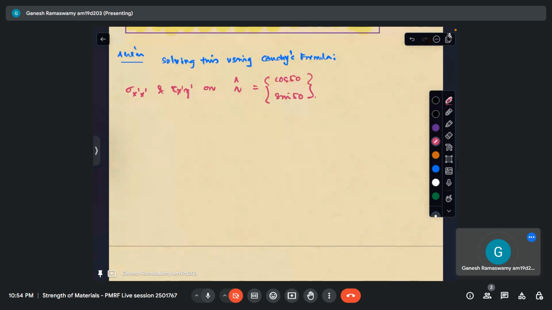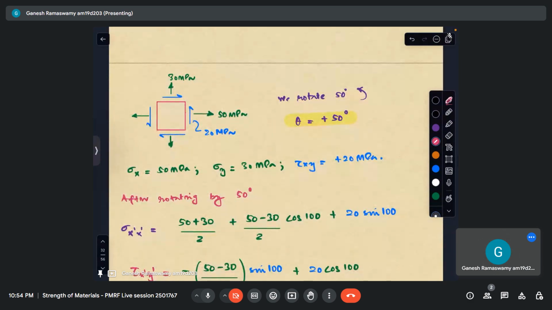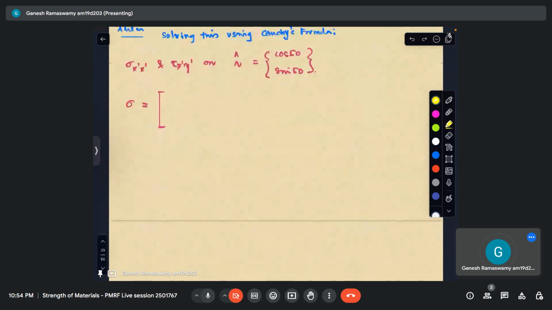So we know the stress tensor for this stress state is 50, 20, 20, and 30. We can clearly see that.